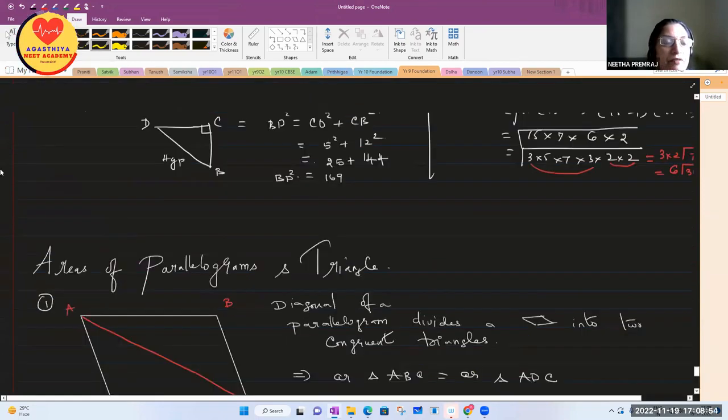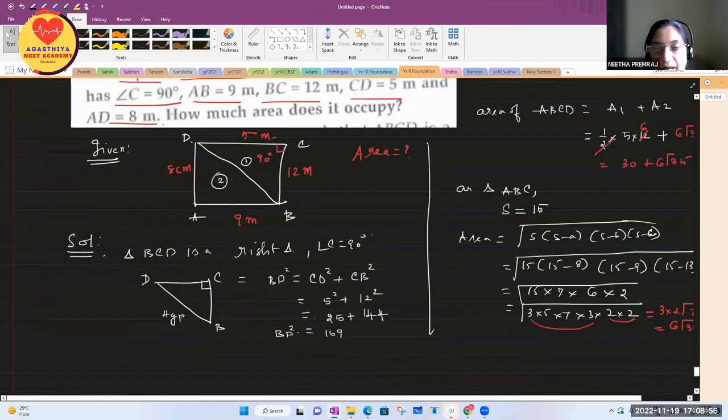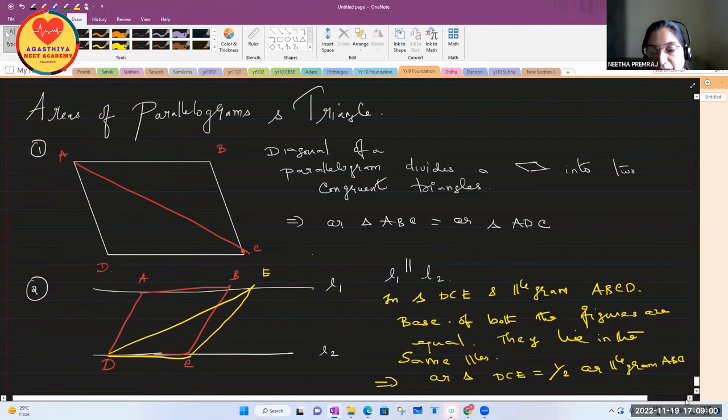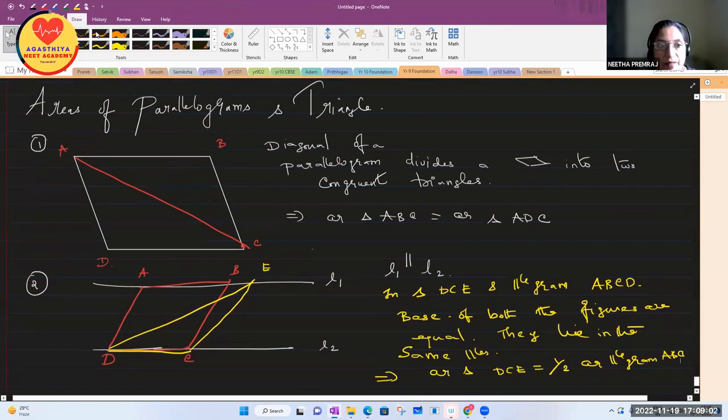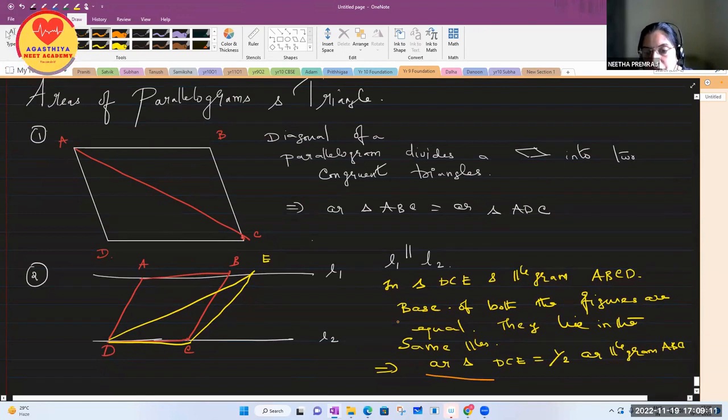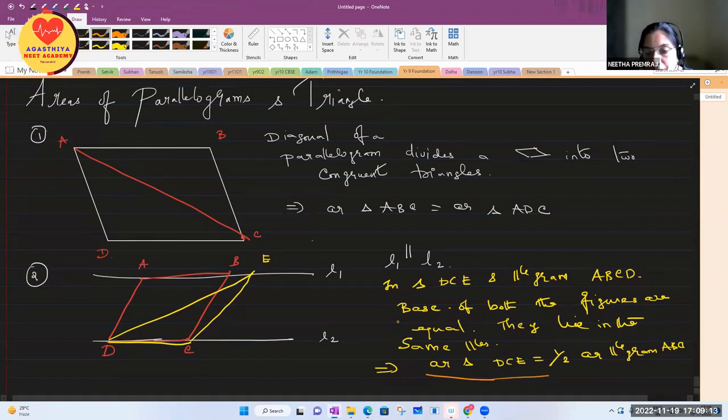Okay, this is a concept. See, if a triangle and a parallelogram have the same base and lie on the same parallels, then area of the triangle is half of the area of the parallelogram. That you should know. This is one concept. Make a note of it.